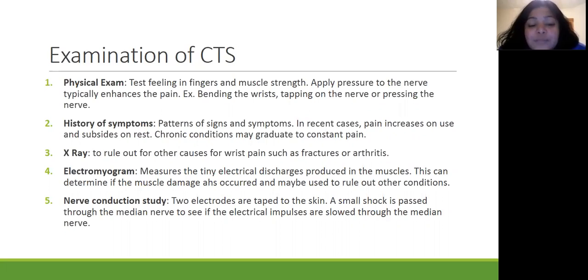That's if muscle damage has occurred, and may be used to rule out other conditions. Nerve conduction study, that is to look at the health of the nerves, of basically the median nerve. So 2 electrodes are taped to the skin and a small shock is passed through the median nerve to see if the electrical impulses are slowed down, okay?